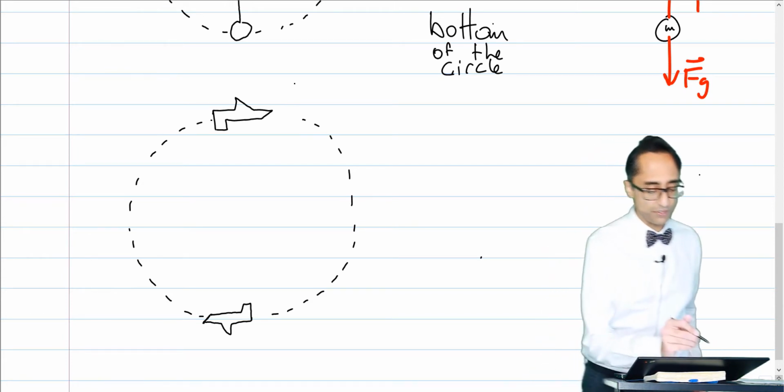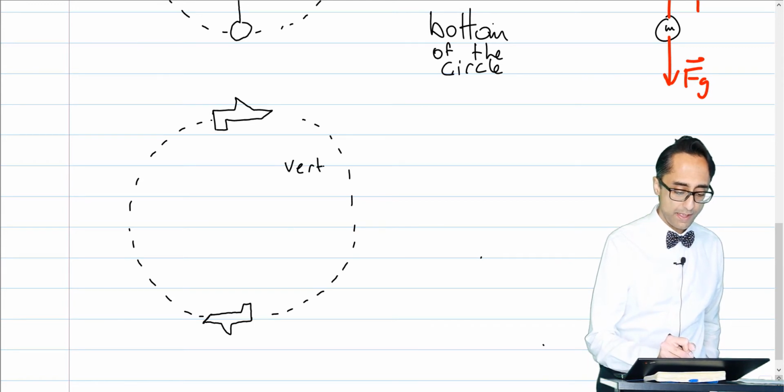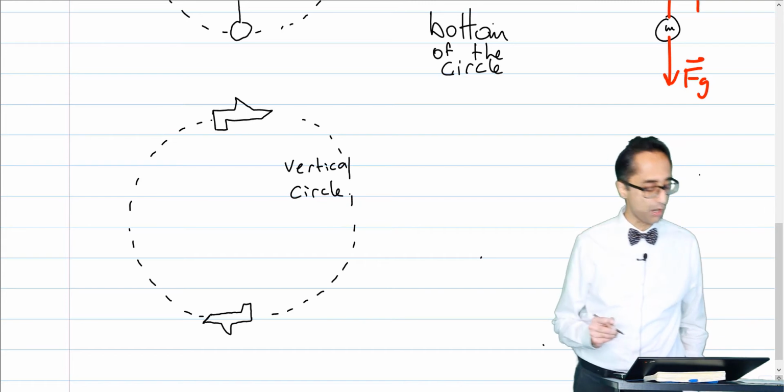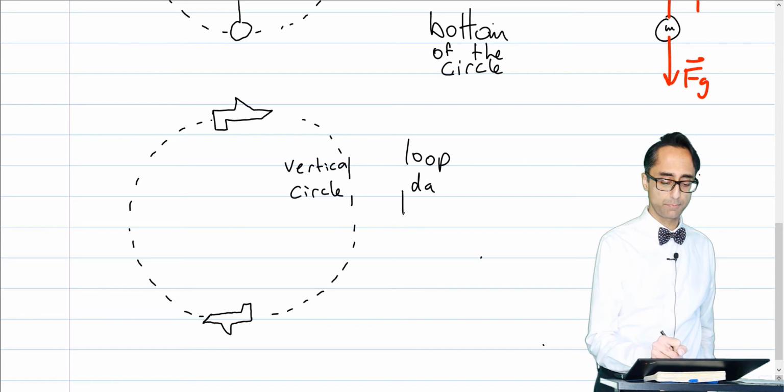So we've got ourselves another vertical circle, this time no string. And I want to know what the forces are, not on the airplane, you'll see. So this is a loop-de-loop, I think that's the spelling.